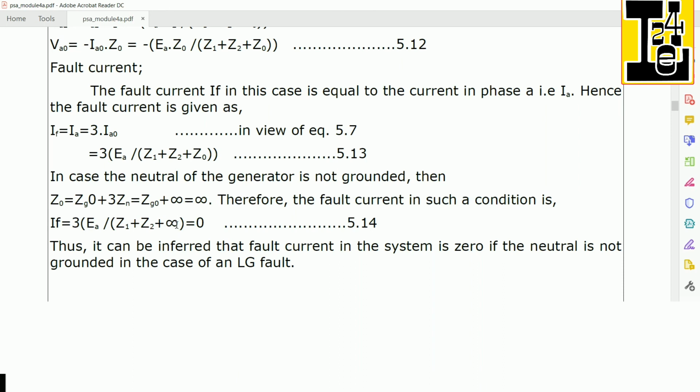We know that anything divided by infinity gives 0. So we can say that if the neutral is not connected to the synchronous generator, IF equals 0. Thus it can be inferred that the fault current in the system is 0 if the neutral is not grounded in case of an LG fault.